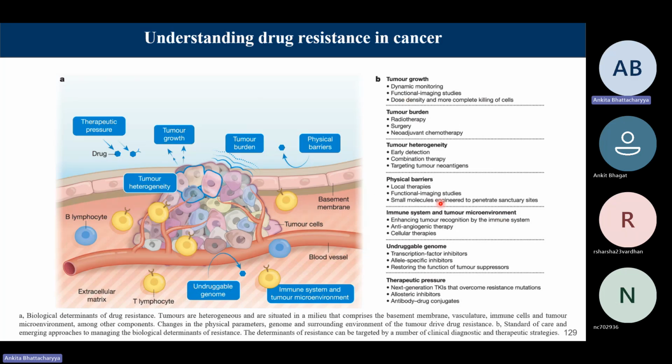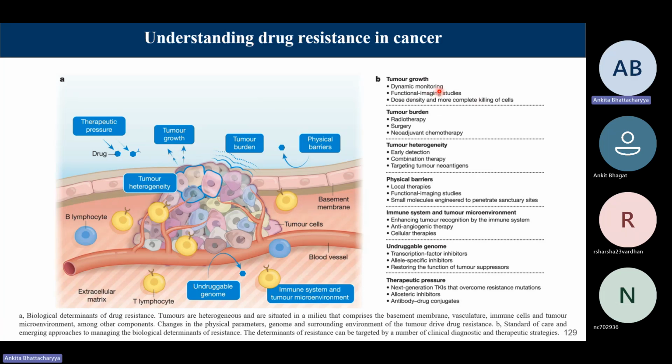And what you see on the right is showing you the standard of care approaches, which means the most commonly followed approaches, and some emerging approaches to manage the biological determinants of resistance. They can be targeted by a number of clinical, diagnostic, and therapeutic strategies. So what can those strategies actually be? On the right, you can see, first of all, tumor growth. How can you tackle that particular attribute?